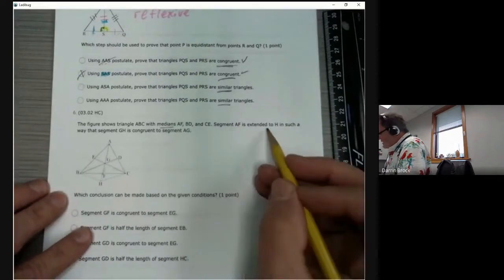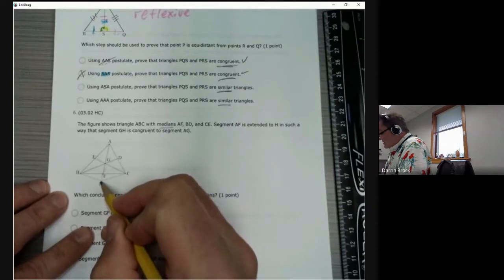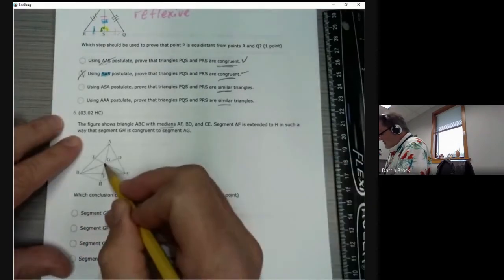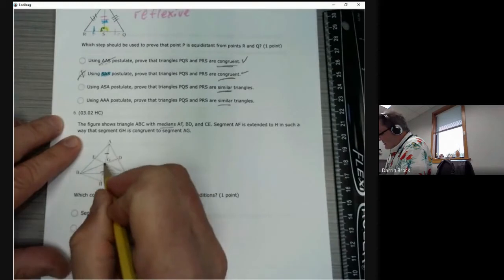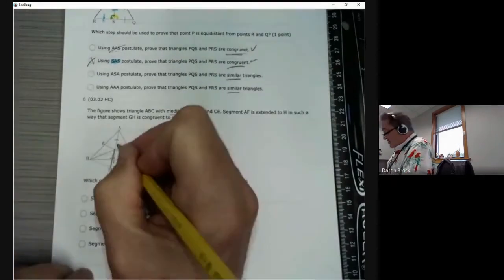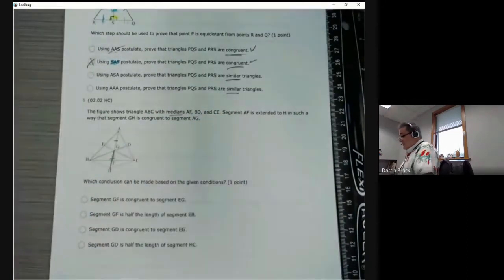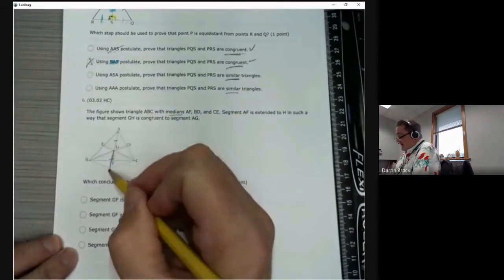Segment AF is extended all the way to H, in such a way that segment GH is congruent to AG. So it's saying that this is the same distance as this one down here, all the way to H. So that means G is a midpoint of AH.